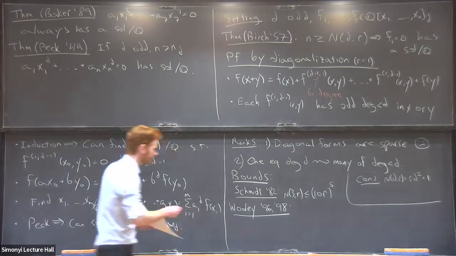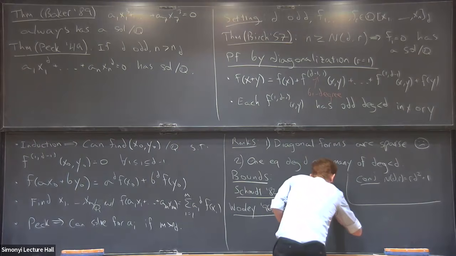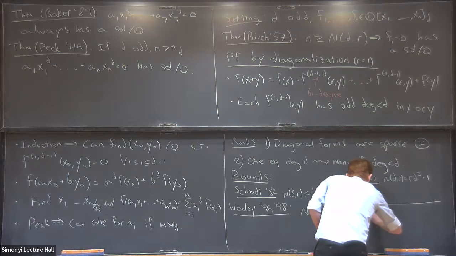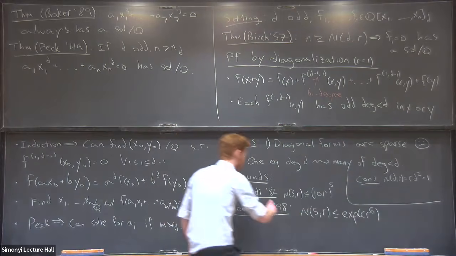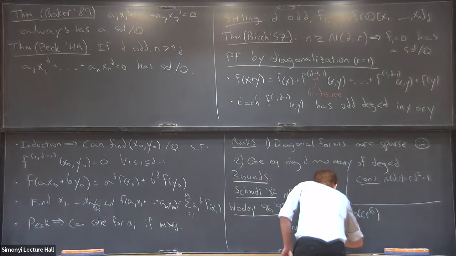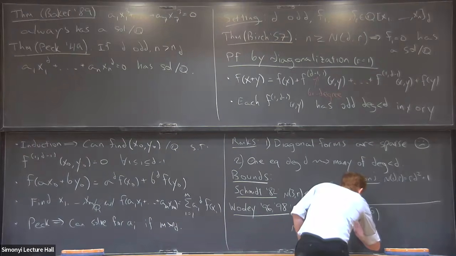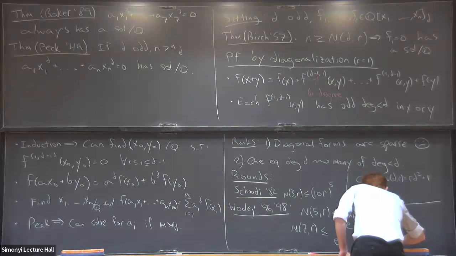And this gives for degree 5 an exponential bound, and for degree 7 you get something of tower type, where the height of the tower is mod r.